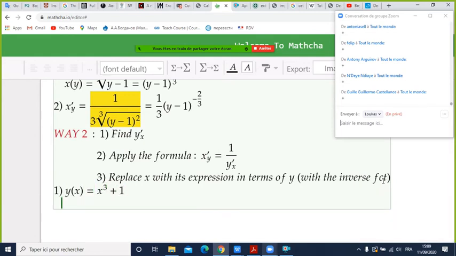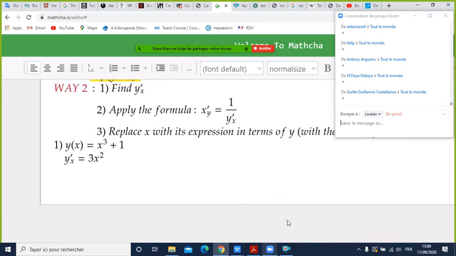This was the function that I gave you in the beginning, and this is something that you should tell me, stop asking stupid questions. We already know how to find this derivative. That's how you find this derivative, right? So that's going to be the derivative of y with respect to x, and obviously we get it in terms of x. Now, apply the formula.